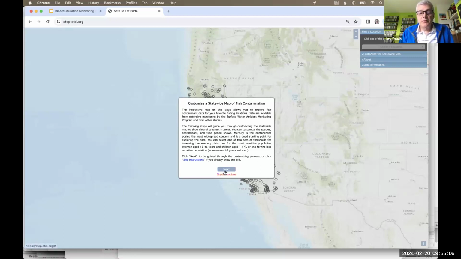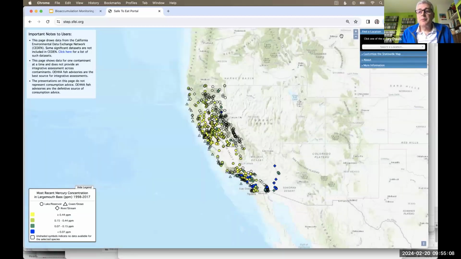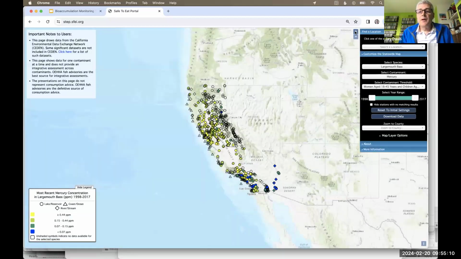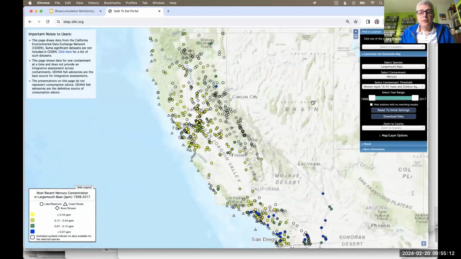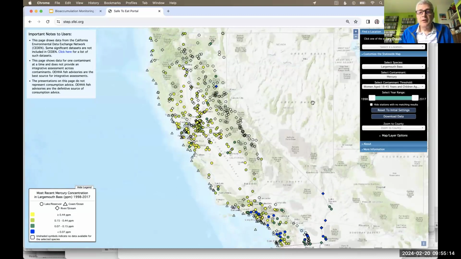I'm going to skip the instructions and just go to the map. And so this shows that same data set. It shows every location that's been sampled, but this initial screen shows filled in symbols where we've collected largemouth bass, which is the species that we've looked at the most.